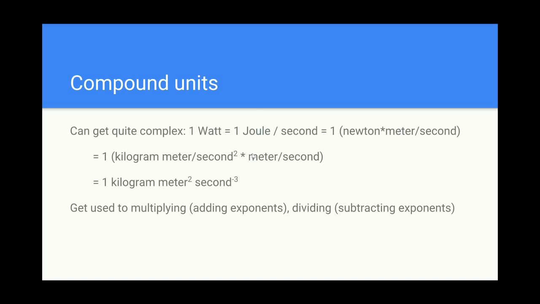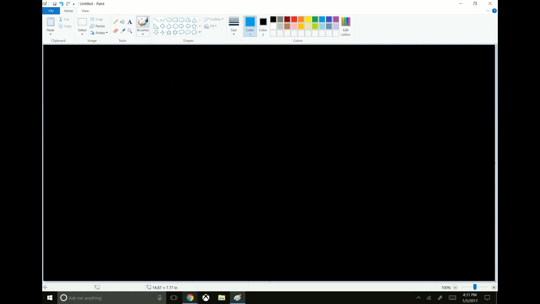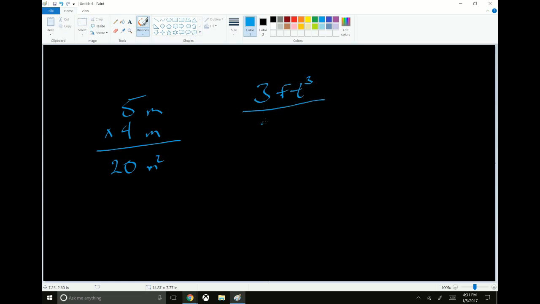Now, just a bit of a reminder, when you multiply, that means adding exponents. When you divide, that means subtracting exponents. So that means that, for example, 5 meters times 4 meters is 20 square meters. 3 cubic feet divided by 2 feet equals 1.5 square feet.